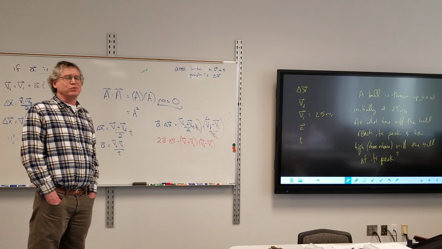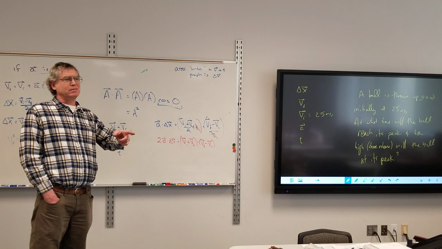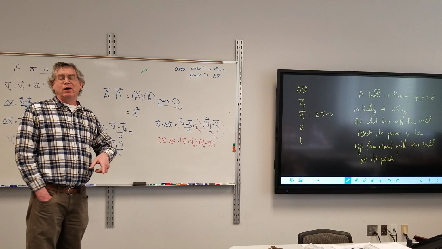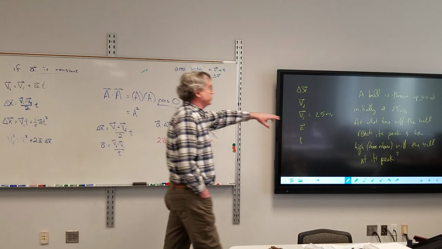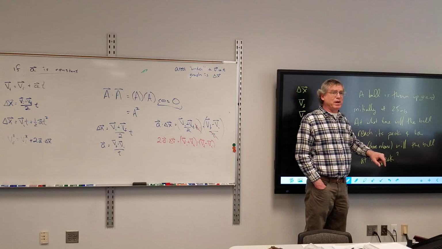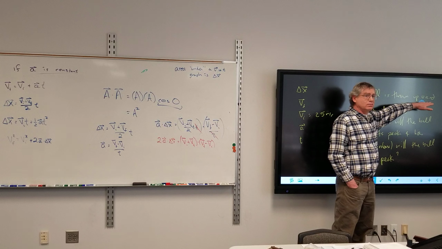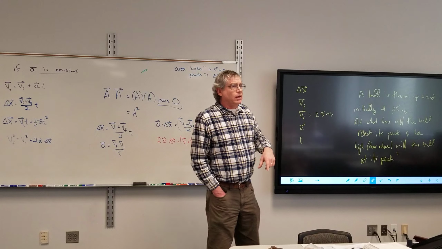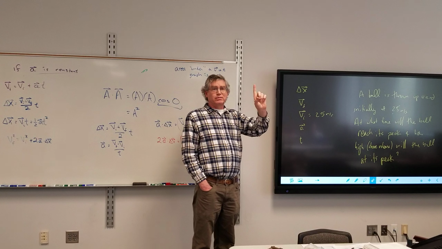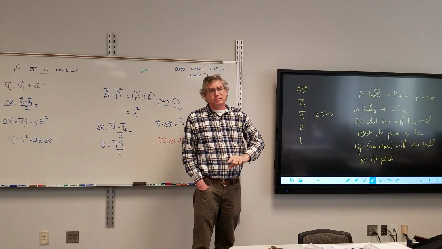All right, let's combine those two. Dominic, were you about to say it? Okay, so it does say 25 meters per second. That 25 meters per second right here is the initial speed. We have to somehow indicate the direction. We have this upward thing here. If we assume up is positive, then Giovanni is absolutely right.